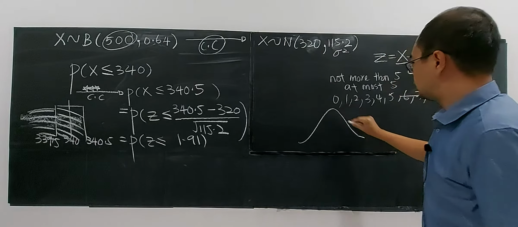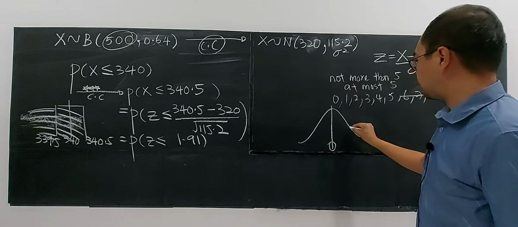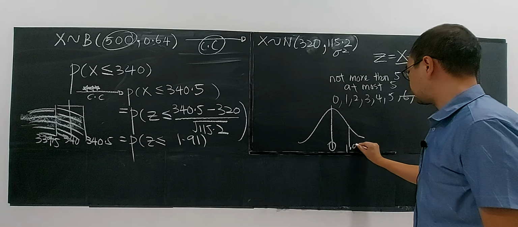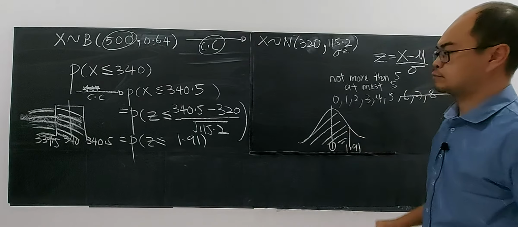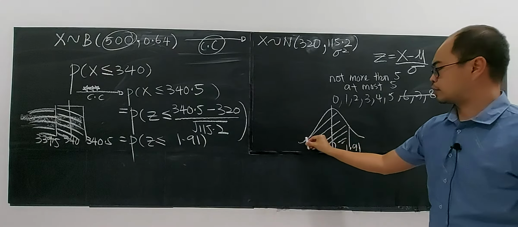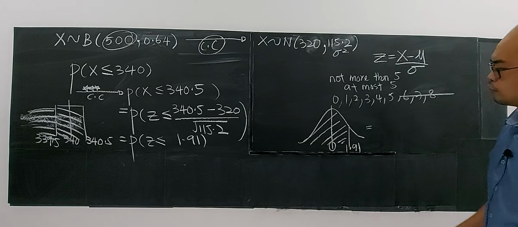So you know that standard score Z is 1.91. 1.91 is here, on the right. Less than means here, less than 1.91. So the probability must be greater than 0.5, right?